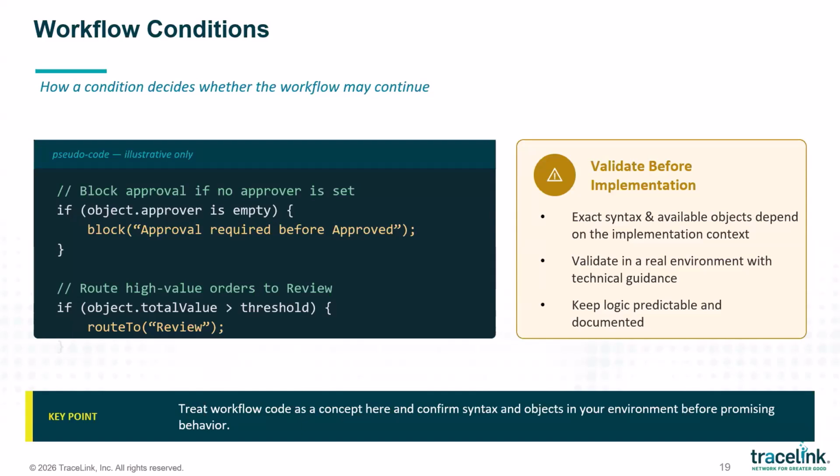In the second, if the order's total value is over a threshold, we route it to review instead of letting it proceed. The exact syntax and which objects and fields you actually have access to depend on your implementation context. So you need to validate this in a real environment with technical guidance. Keep your logic predictable, testable, and documented.